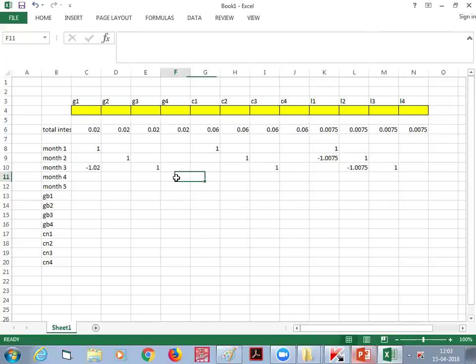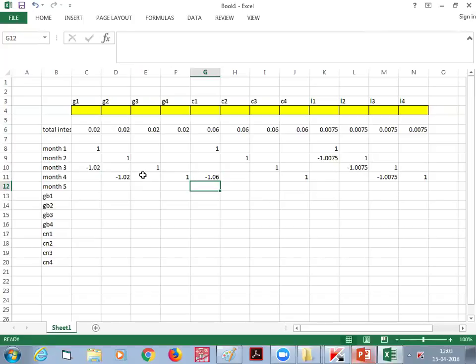Now next one. G4, C4 and L4. Here, minus 1.0075. Here, this becomes minus 1.02. And here, this becomes minus 1.06.